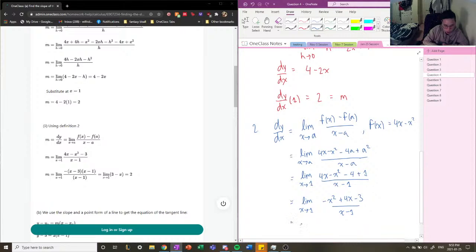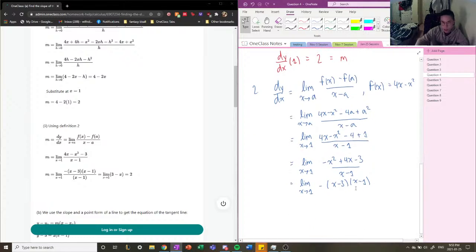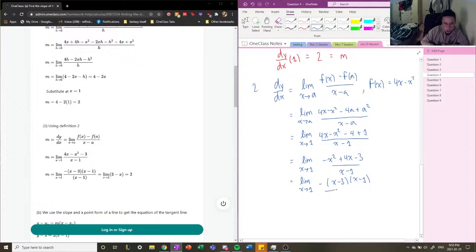We can factor the numerator to be negative (x minus 3) times (x minus 1). You can pause the stream and factor it using the direct method. At the bottom we have x minus 1. If we cancel out these factors, we have the limit as x approaches 1 of 3 minus x, which is equal to 2 if we sub in 1. So that's our slope.